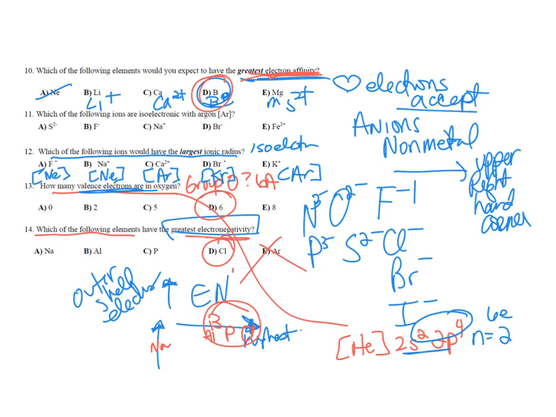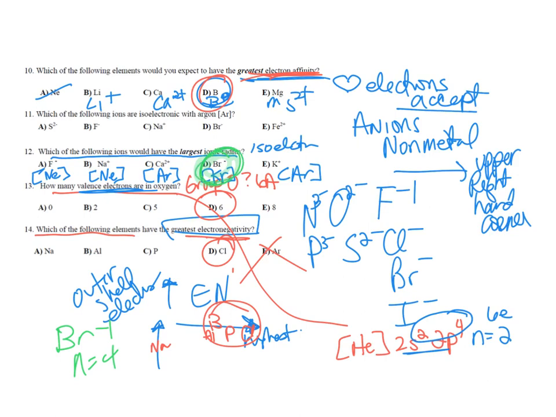Actually, since they're not all isoelectronic, you need to know that, one, the anions are going to be bigger, and two, krypton is also bigger because the Br minus 1 is in the greater n number, which is row number 4, and the other ones are smaller.